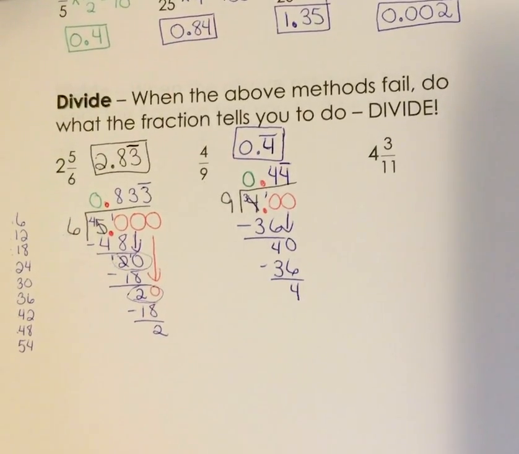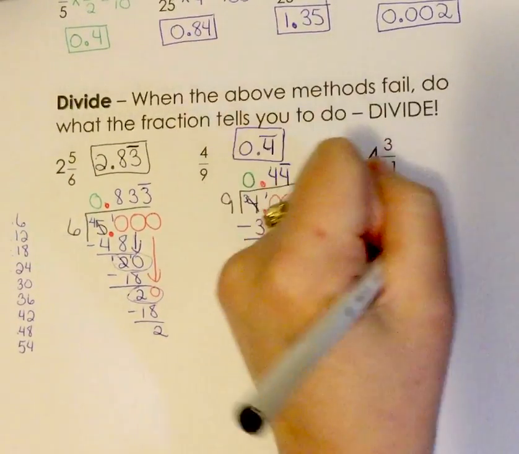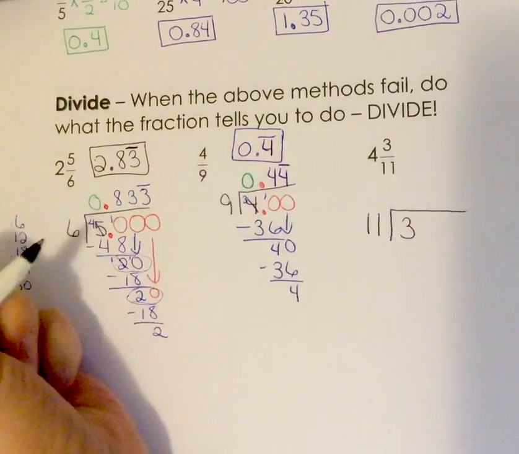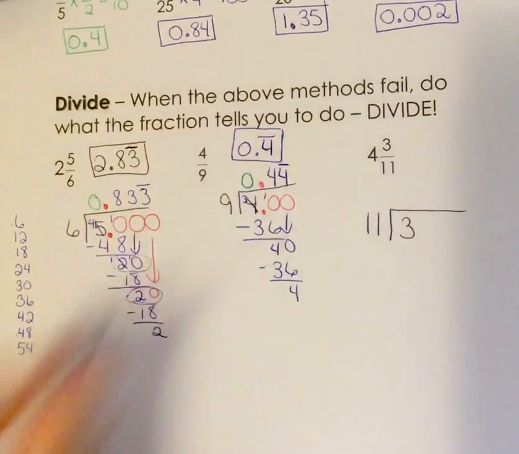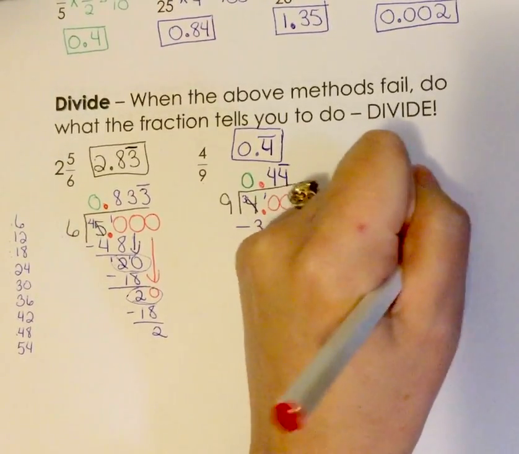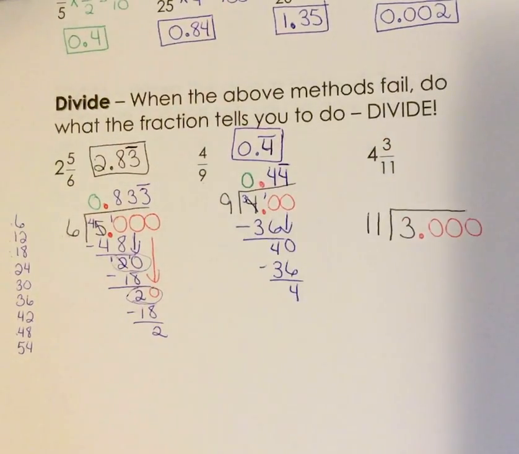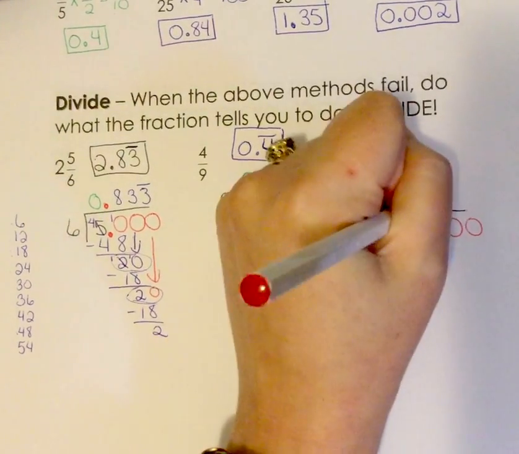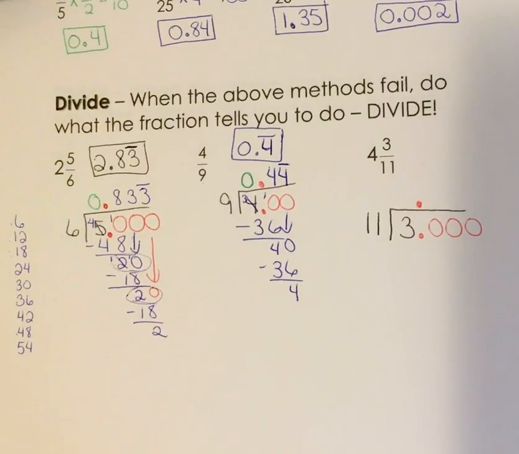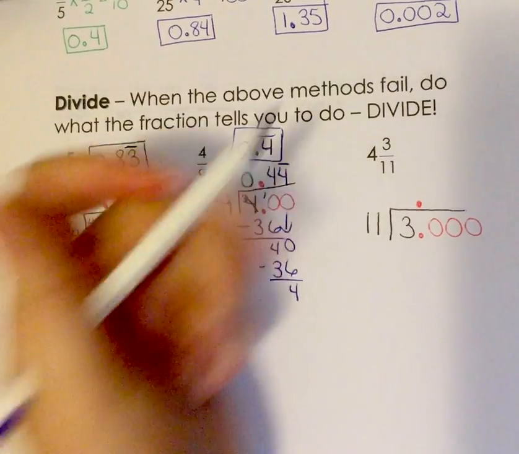All right, last one. Okay, let's set it up. Division bar. 3 in, 11 out. We need to add a decimal and some annex zeros because I cannot make 11 out of 3. Bring up that decimal point. Don't forget about it. Now let's think about that for a minute.